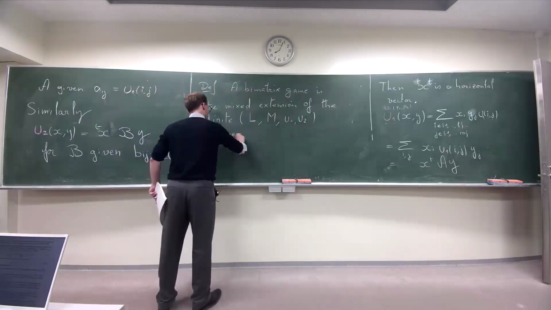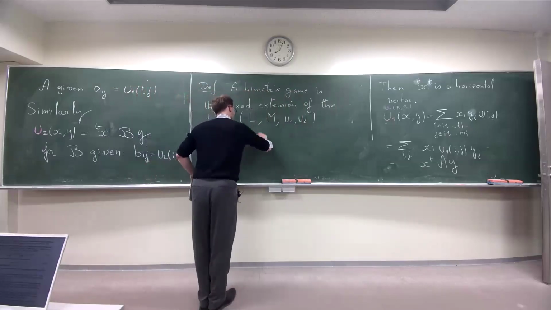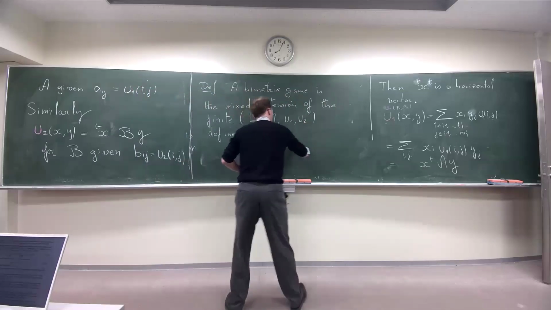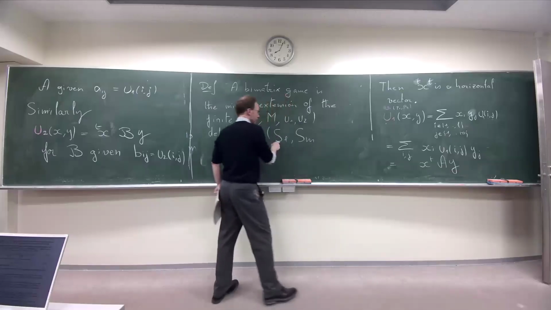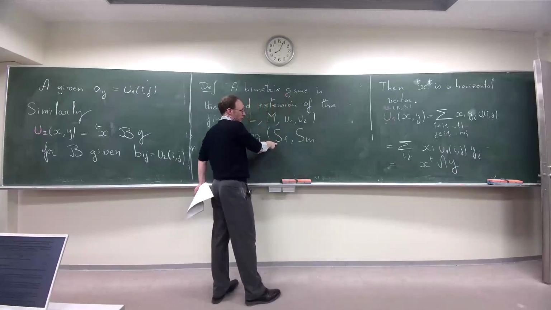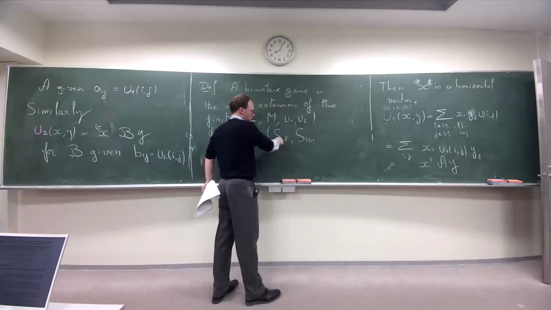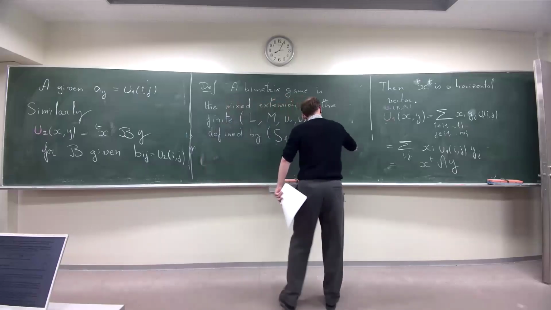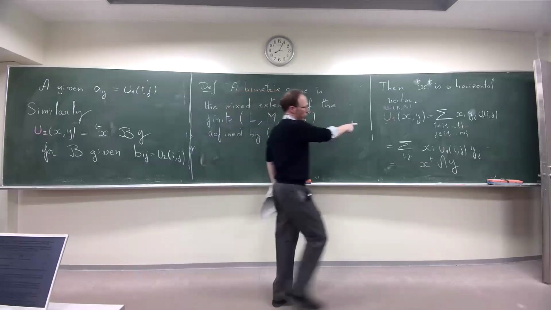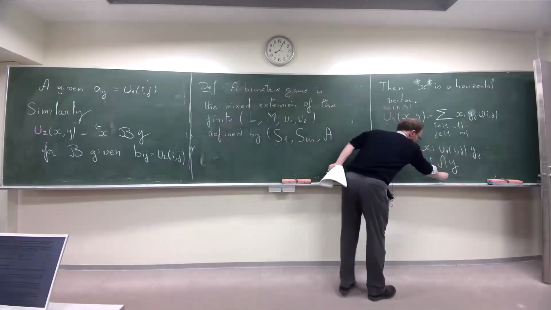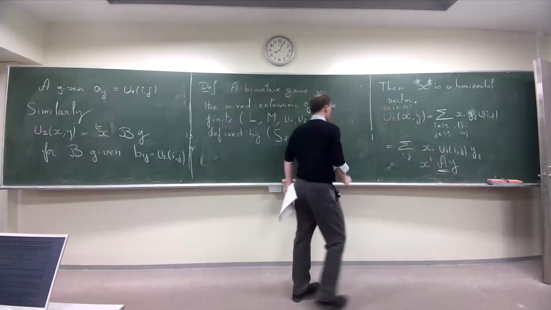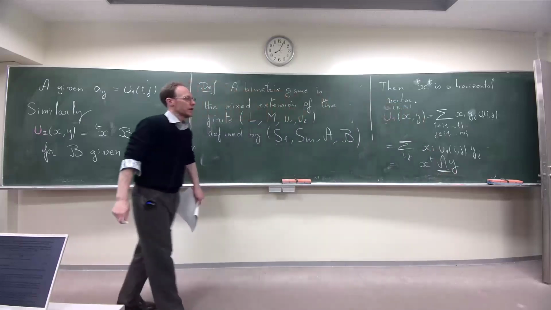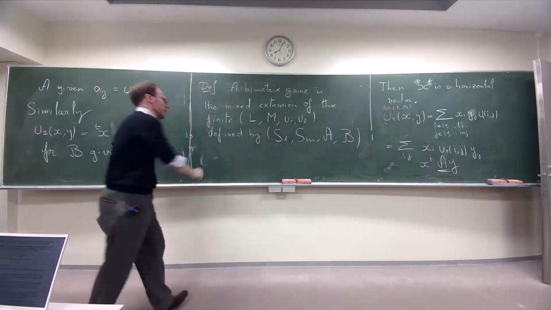It is defined by SL, SM. This is the set of mixed strategies for the first player, the set of mixed strategies for the second player. The utility function for the first one is entirely defined by a matrix. The utility function of the second one is entirely defined by this matrix.